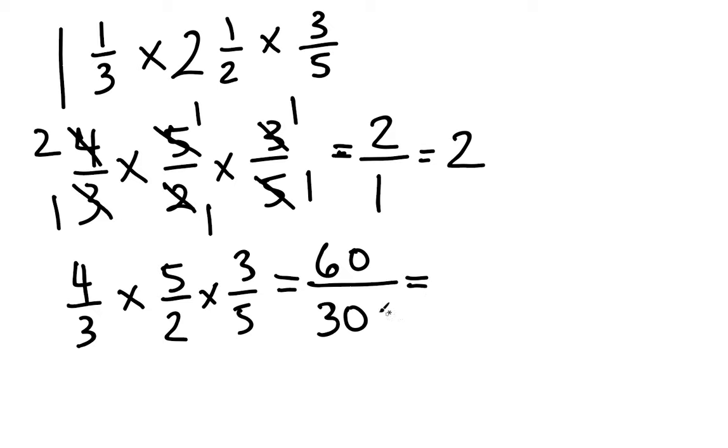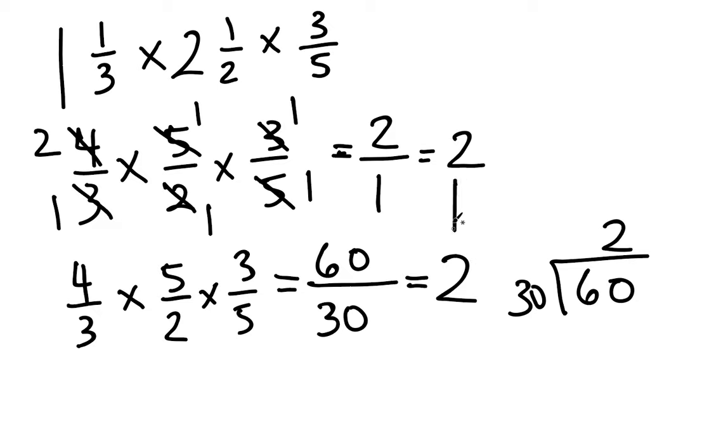And when I simplify that, 60 divided by 30 is what? 2. Our answer is 2. And they are the same. So one of them we simplified in the midst of the problem, and one of them we simplified at the end of the problem. That's the only difference we're doing here, Hunter.